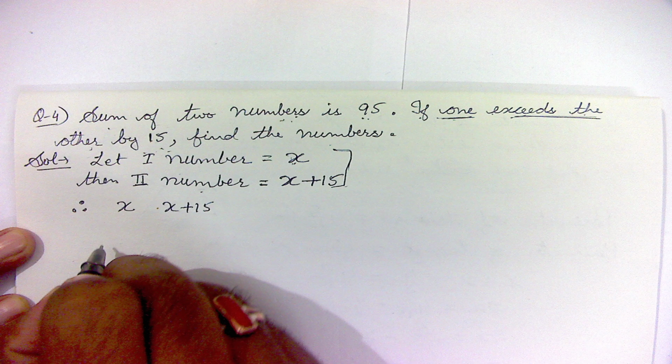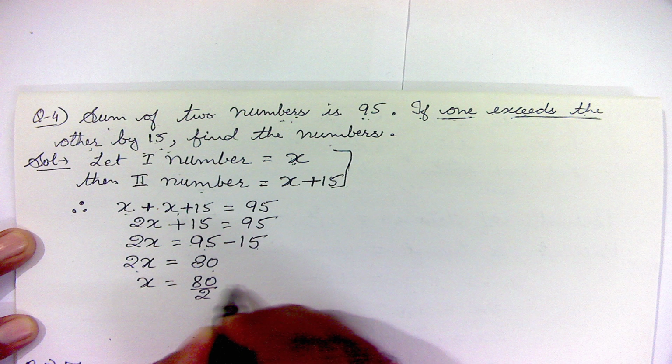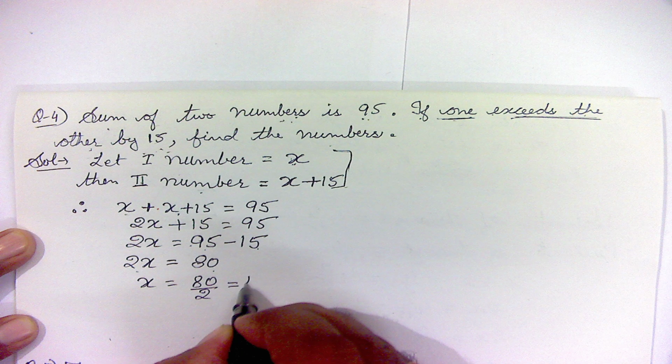Now simplify it. x plus x is 2x, plus 15 equals 95. So 2x equals 95 minus 15. 2x equals, now 95 minus 15 is 80. So 2x is 80, then x is equal to 80 upon 2, and 80 divided by 2 is 40. So this is the value of x which we get.